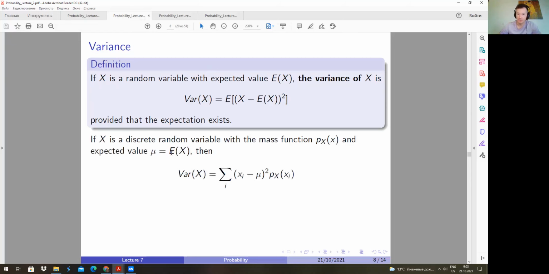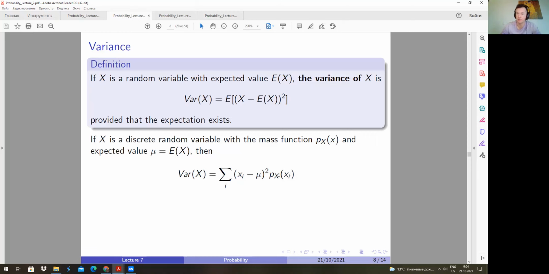For a discrete case, we denote the expectation of a random variable with the small Greek letter mu, which is the conventional way. Then instead of the expectation sign, I write down the way I calculate this expectation: x minus mu squared multiplied by the respective probabilities.